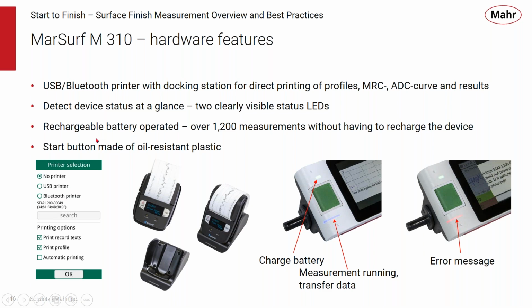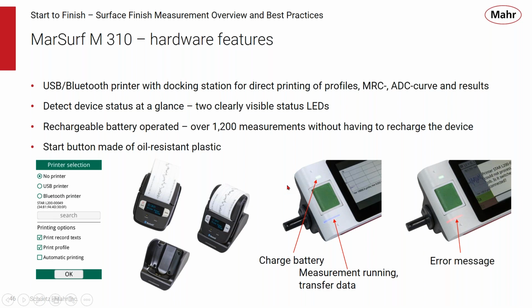It has a rechargeable battery for over 1,200 measurements without having to recharge the device. And it's really meant to be used on the shop floor in oily type environments, and oils won't damage the plastic or the start button or the display on the product.